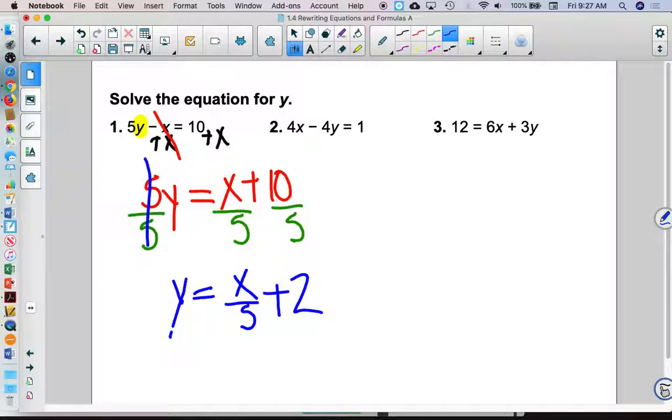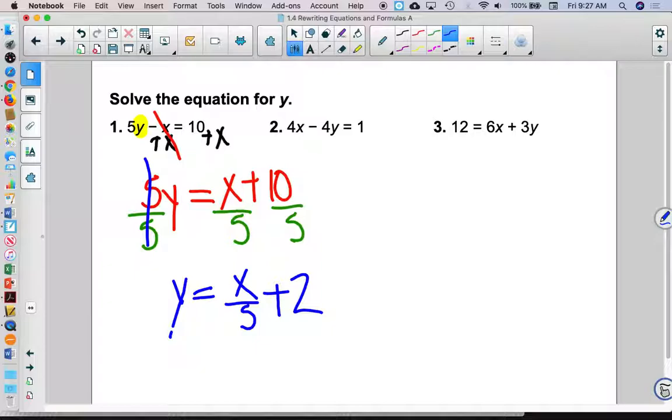But how am I going to use it in the future? If I take this and substitute where that y is, do I then have only one variable? Only the x. Could I solve for the x then? Yeah. And then could I put that value for the x here and then solve for the y?